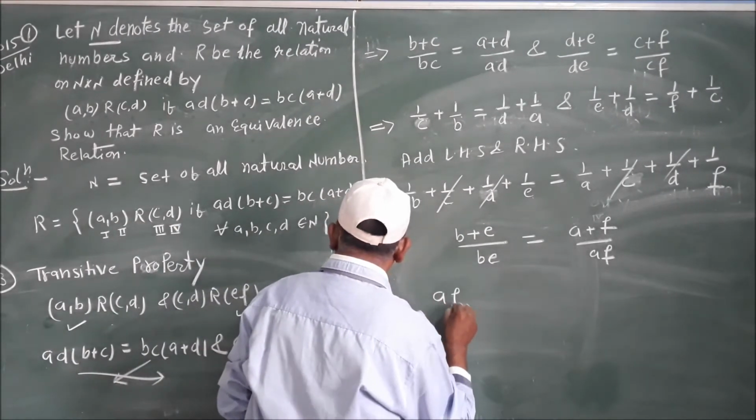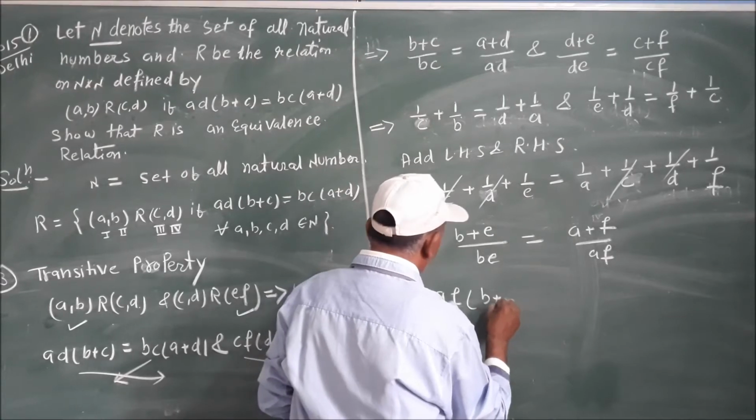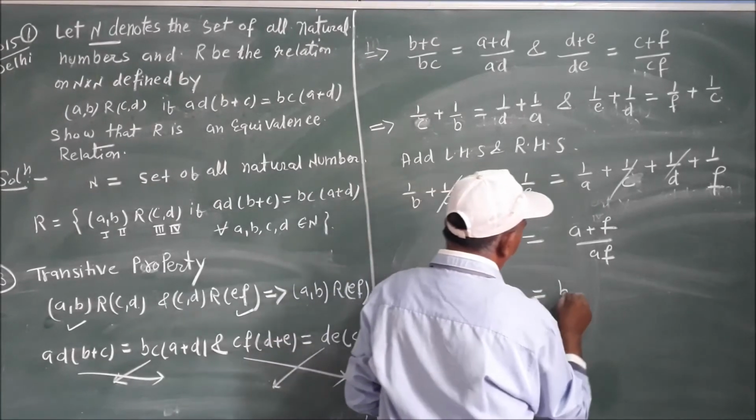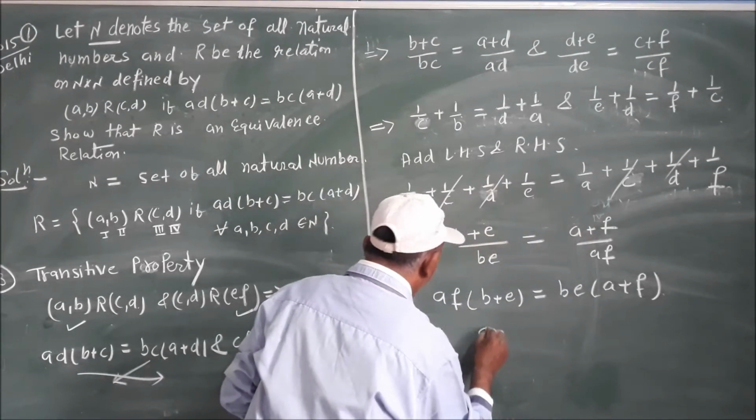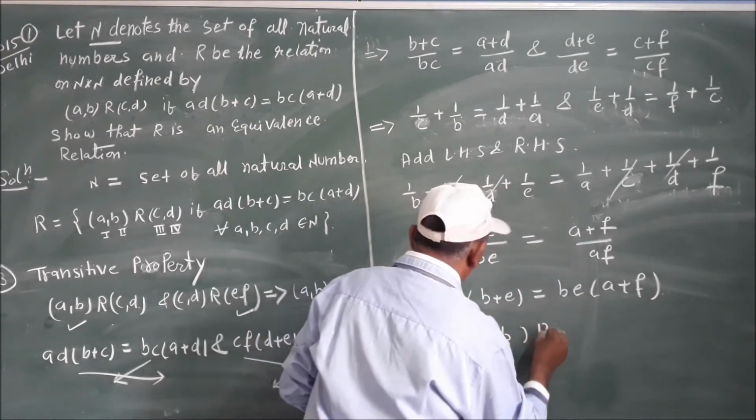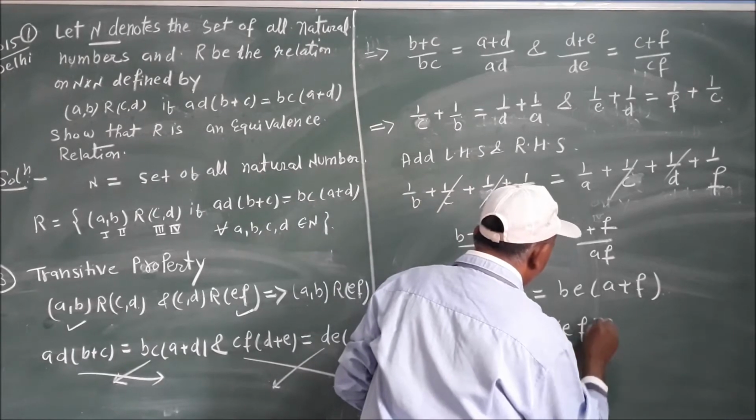Arranging it, we can write AF into (B plus E) is equal to BE into (A plus F). This means AB is related to EF.